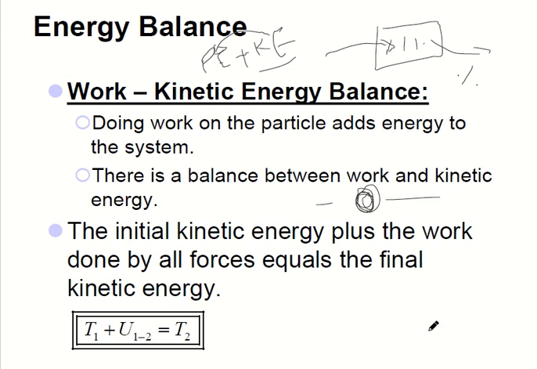So the initial kinetic energy plus the work done by all forces equals the final kinetic energy. Here, this is your work-kinetic energy balance. Your work is U, your kinetic energy is T. And then you can add them up, and you can get the final kinetic energy, or the sum of the kinetic energy.